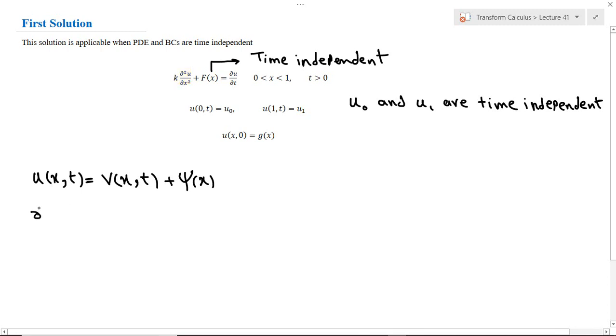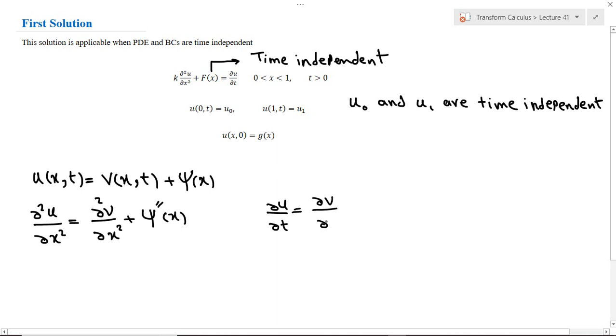The second derivative of u with respect to x is equal to the second derivative of v with respect to x plus the second derivative of psi with respect to x, which is psi double prime of x. The derivative of u with respect to t is equal to the derivative of v with respect to t plus the derivative of psi of x with respect to t.